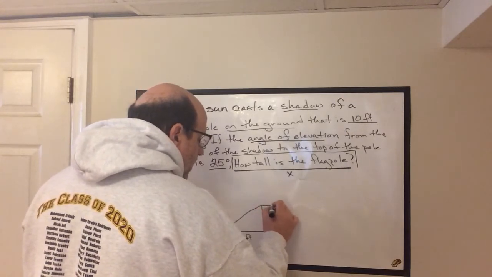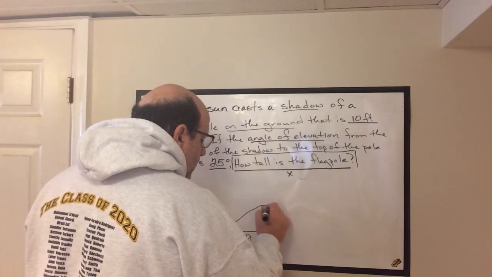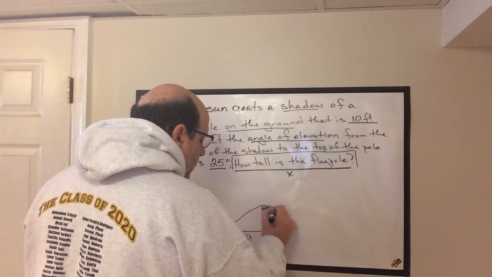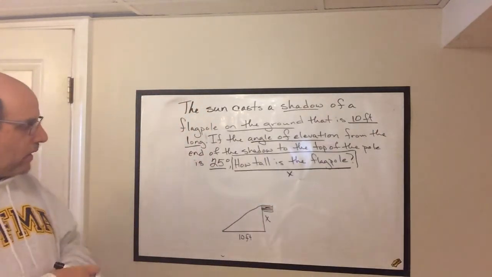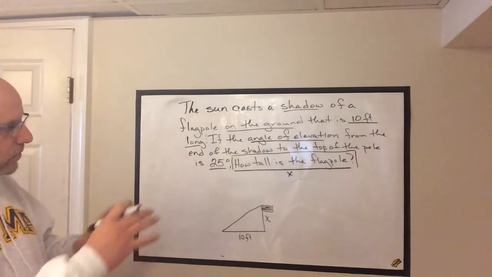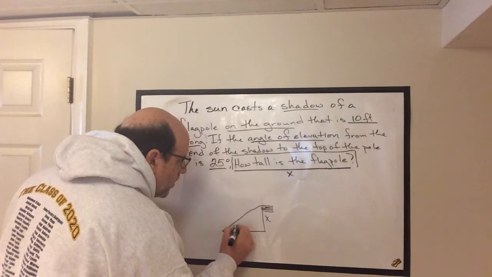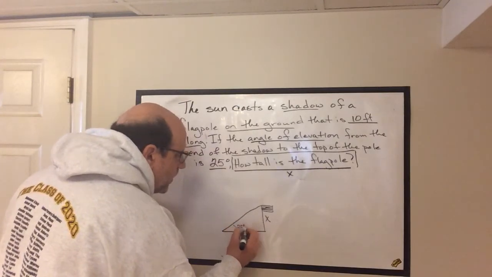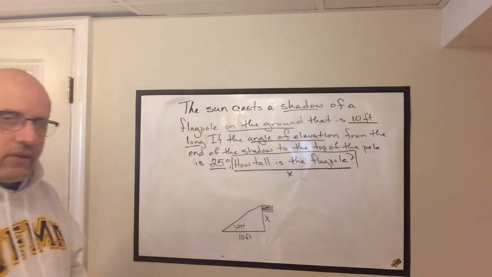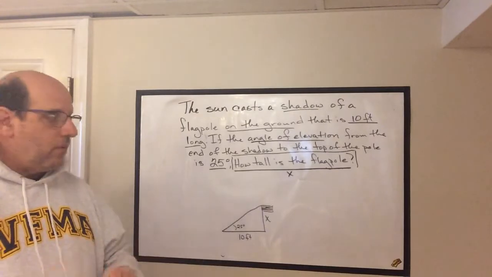So we put a little flag on the top. I'm wasting a lot of time drawing a flag. Anyway, there's our flagpole. And we're going to make it small so that we can do some work around it. We say that this angle is 25 degrees.